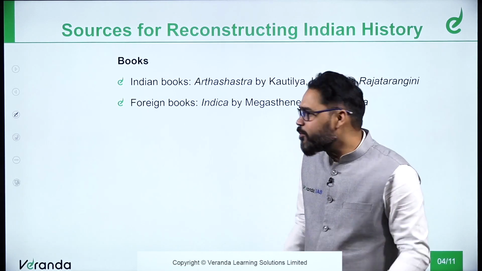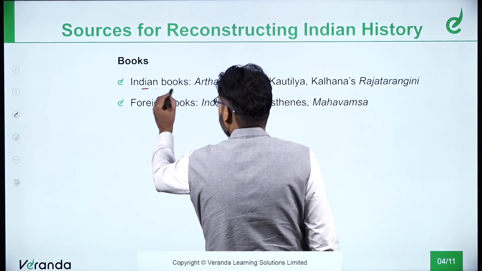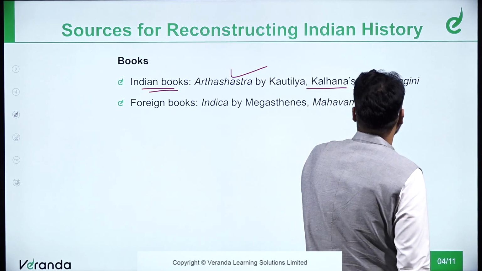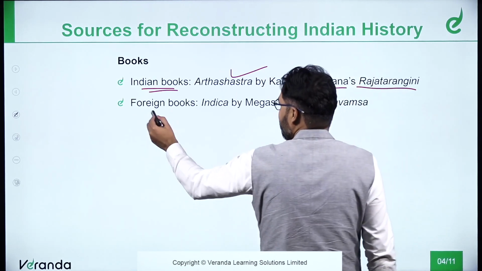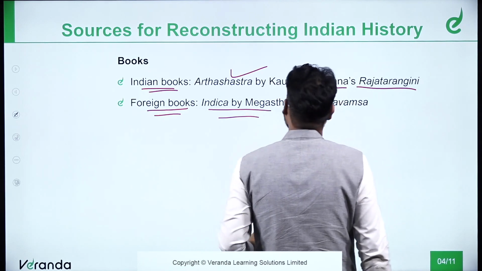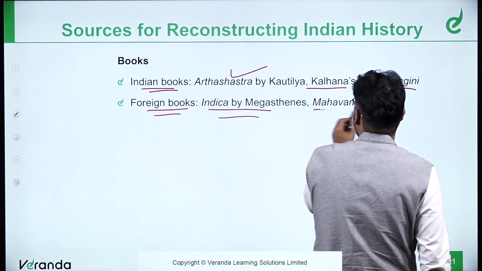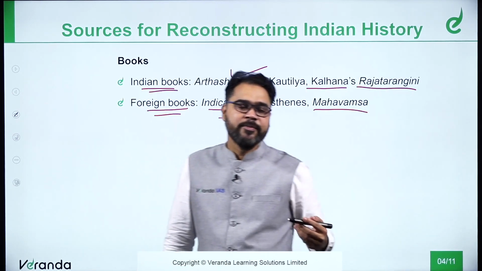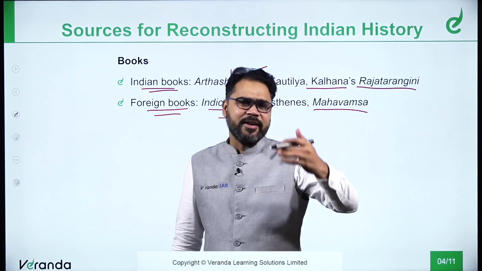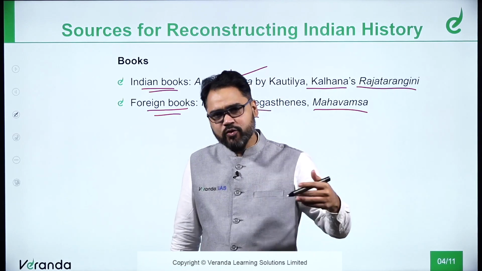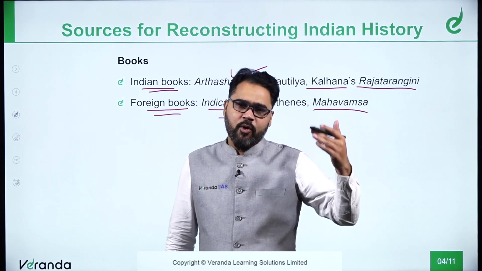The Indian books that can be used are Arthashastra by Kautilya and Kalhana's Rajatarangini. Similarly, foreign books can also be used, the book named Indica by Megasthenes, and Mahavamsa. These books can definitely be referred to, okay? And even the various texts that we study have taken inspiration from all these books only.